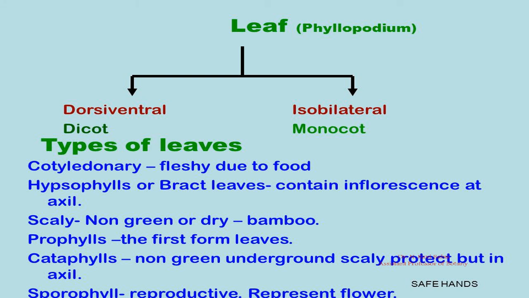Friends, as a botanist, I generally enlighten my viewers in general lines only. Generally, the dicot plants have dorsiventral leaves, and of course, the monocotyledonous plants have isobilateral leaves.